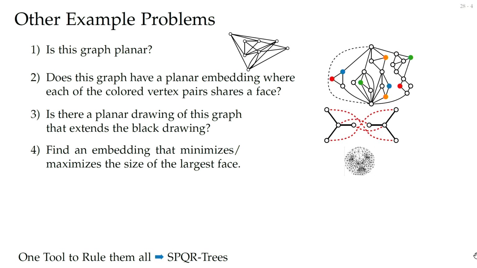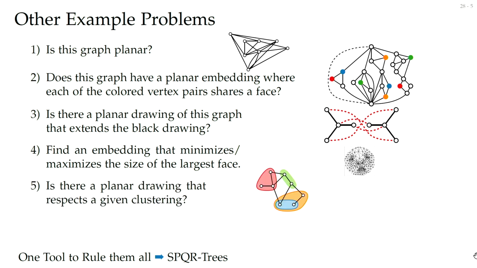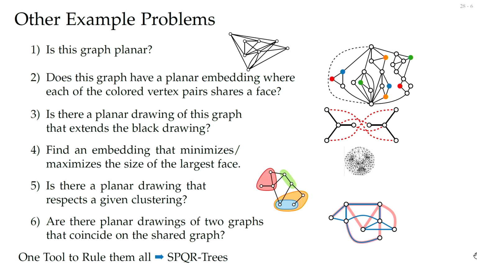Maybe we want to find some special embeddings, like we want to maximize the size of the largest face, that we can also do with SPQR-trees. Or we can do clustering algorithms for that. Or we can do stuff like a simultaneous embedding where we have two planar graphs that we want to draw on the same point set.